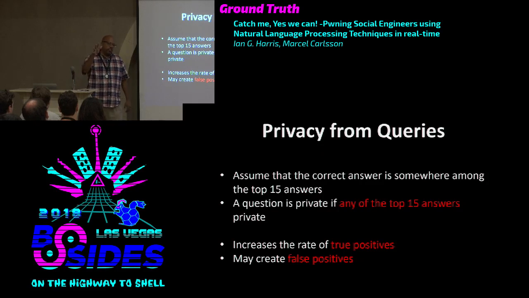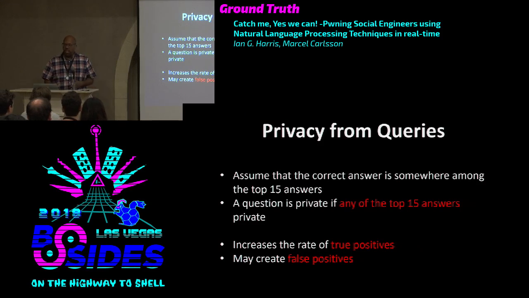The odds that if you pull 15 random facts out of there, they're accidentally in the private set is really slim, because you're talking 100 out of 15 million. So that hardly ever happens. Even though we look for all 15, the other 14 are probably not going to be private, because they're just randomly spread out across the database. So that's what we do with question answering. That's basically how we analyze a question.